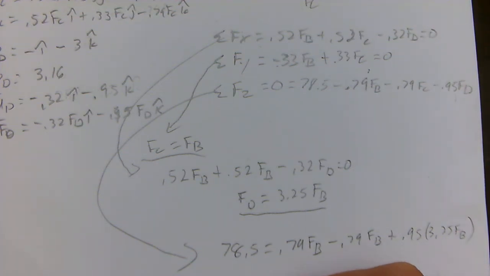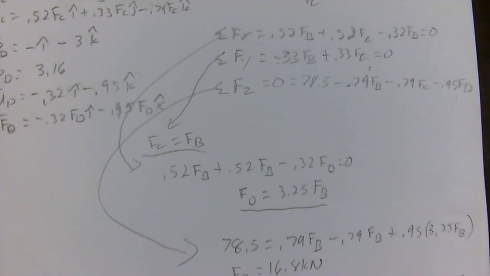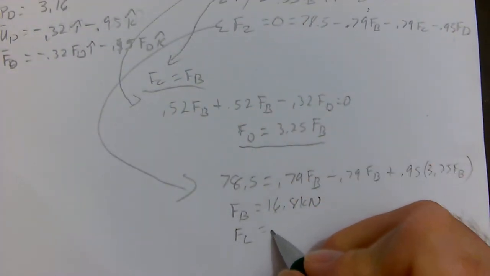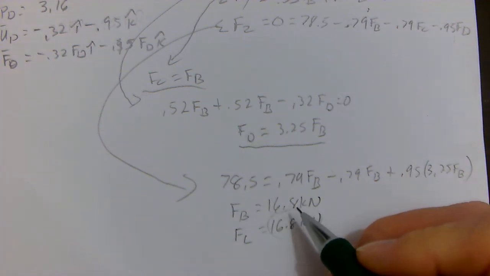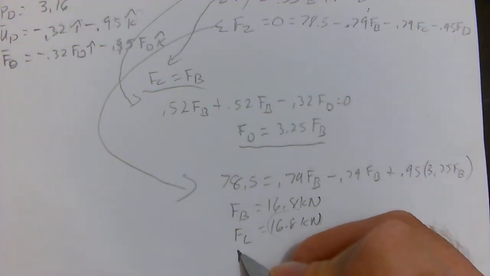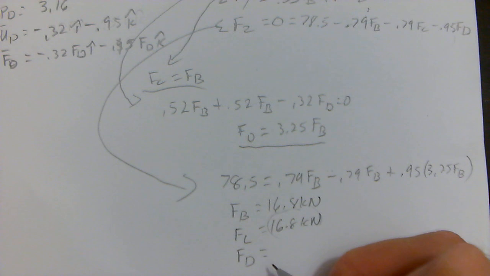Solving for that, we get FB equals 16.8 kilonewtons, which is the same thing as FC, 16.8 kilonewtons, and then putting that in, FD is 3.25 times 16.8, and we get 55 kilonewtons.